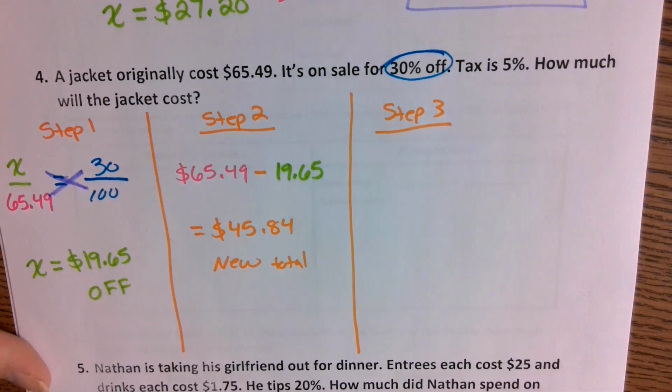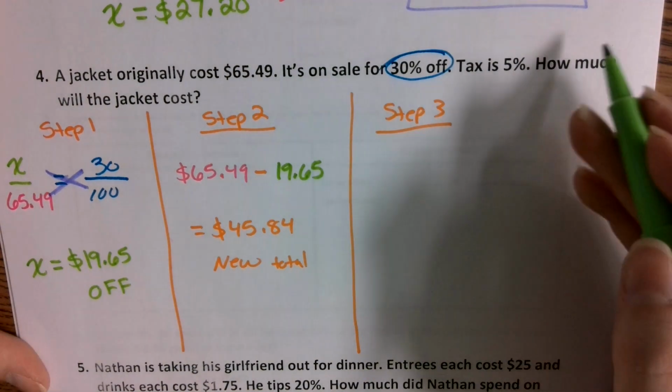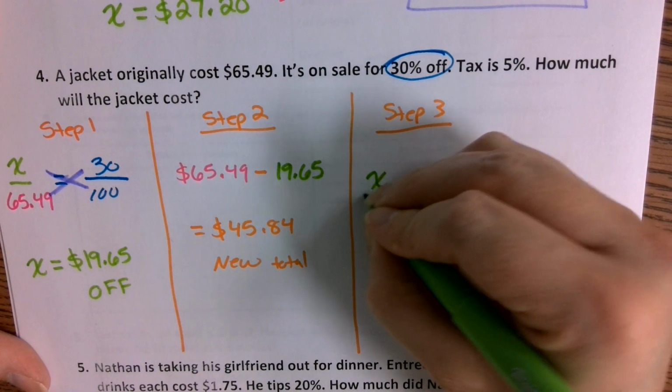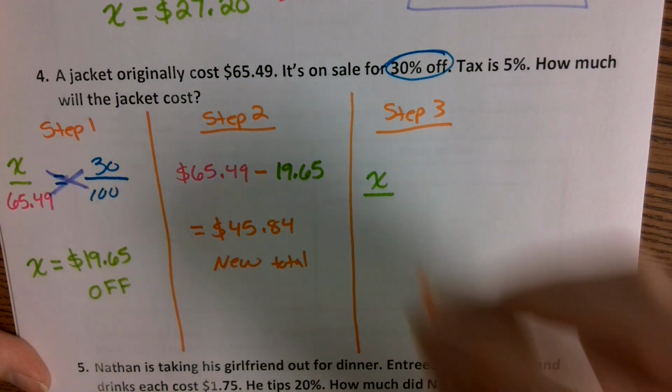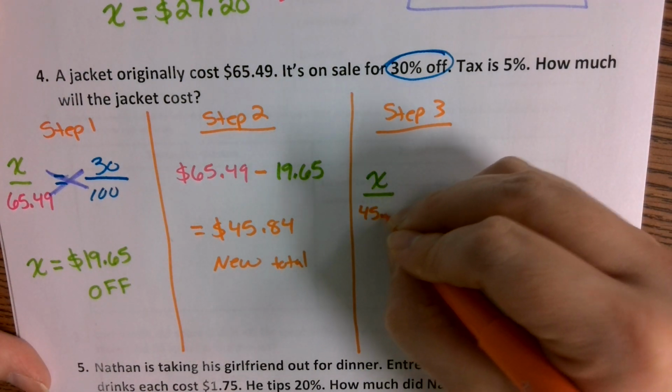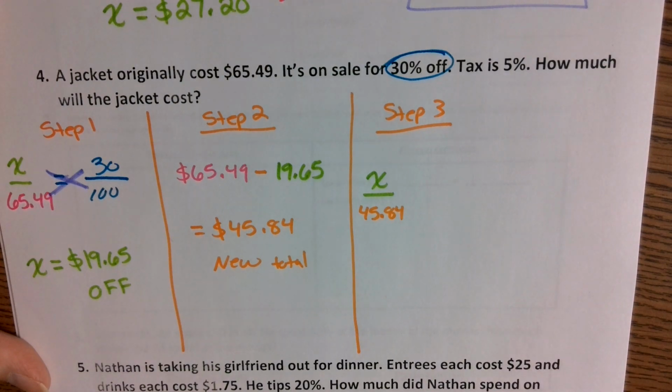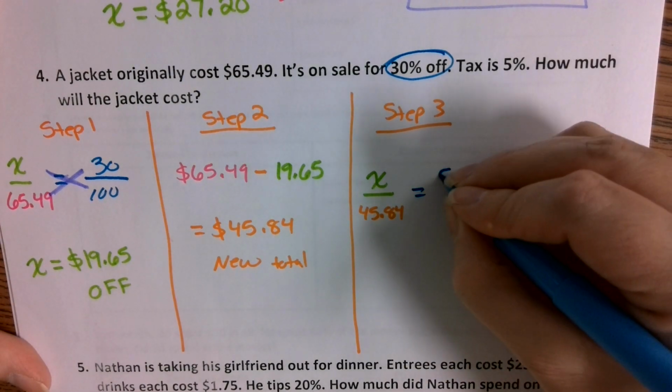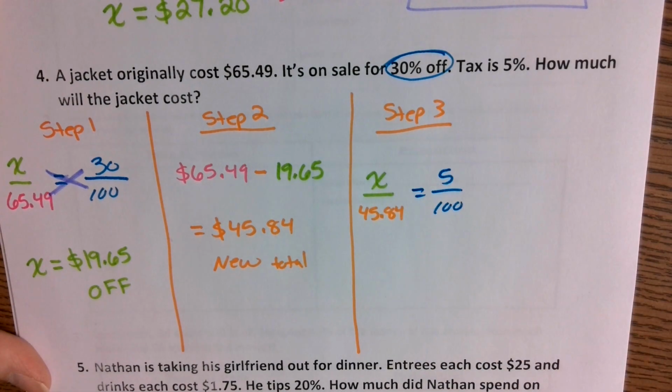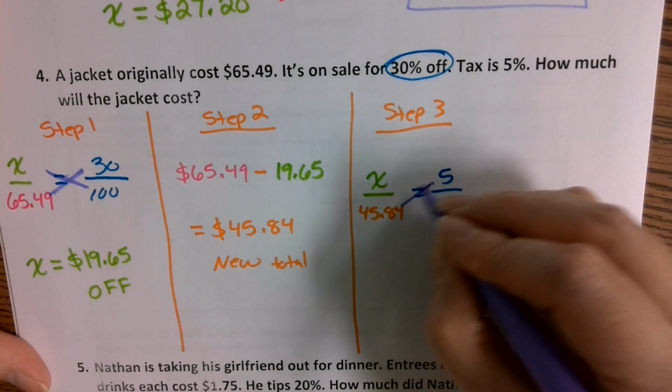Step 3, you got to find your tax now. X over new total, $45.84, equals your percent over 100. And then you're going to cross product it.